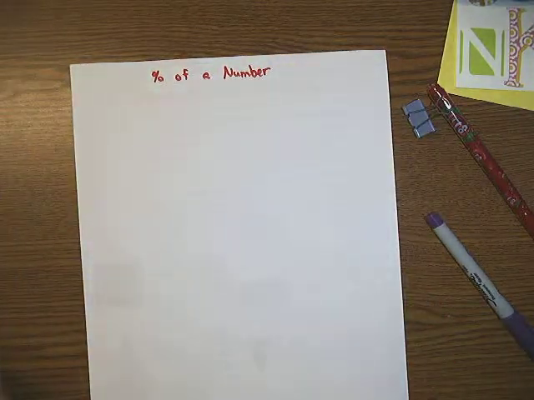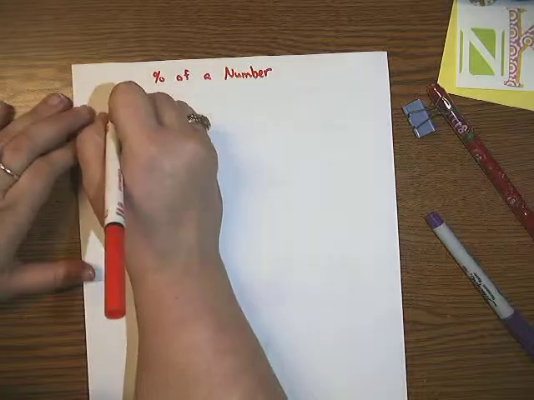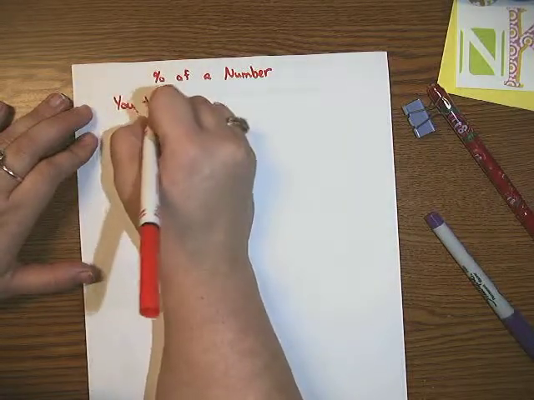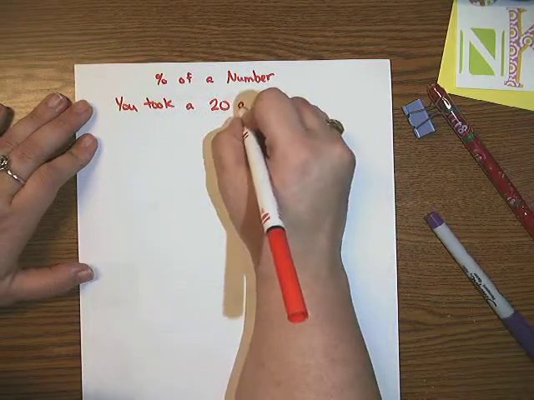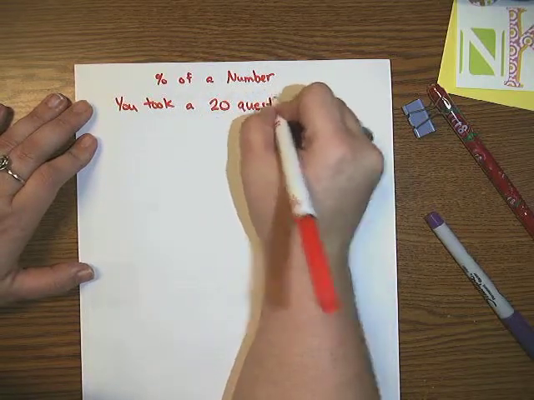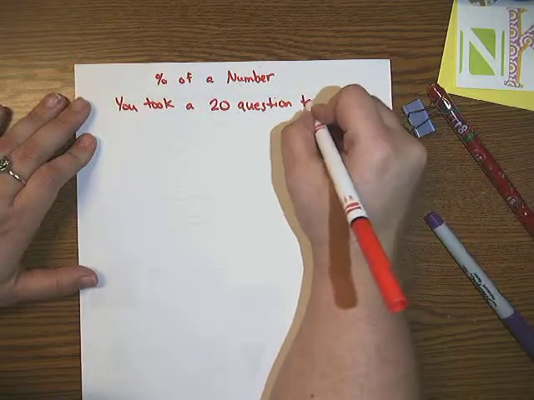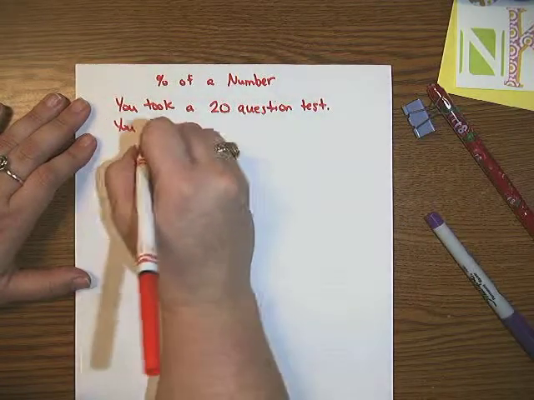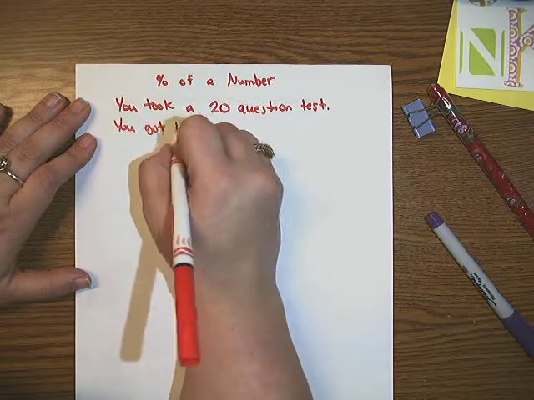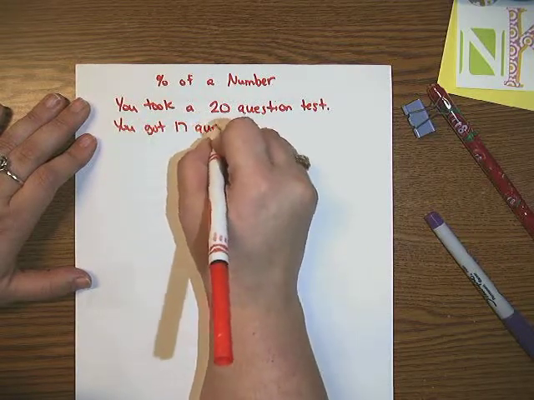Okay, we're only doing one example in our book, so yes, I'm going to have you write it. You took a 20-question test. You got 17 questions correct. What percent did you get correct?